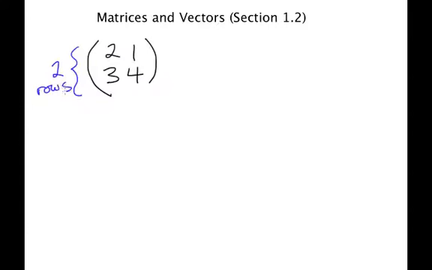Okay, so a matrix is just a rectangular array of numbers. So, for example, 2, 1, 3, 4. This is a 2 by 2 matrix. So 2 by 2 means it has 2 rows and 2 columns.